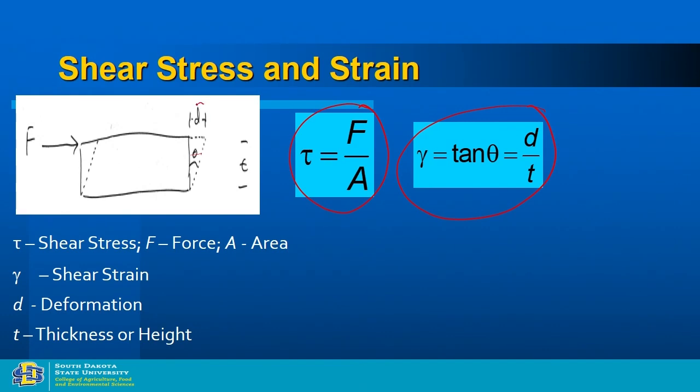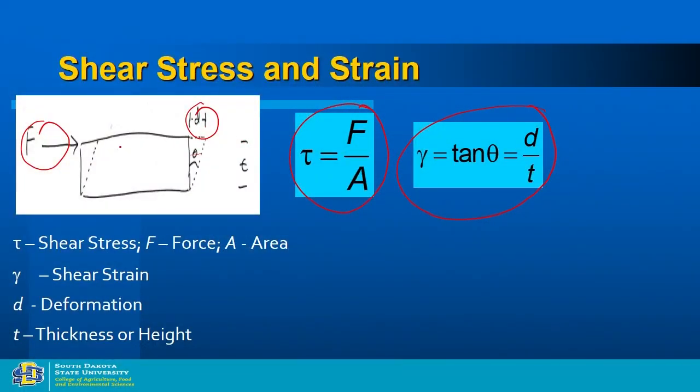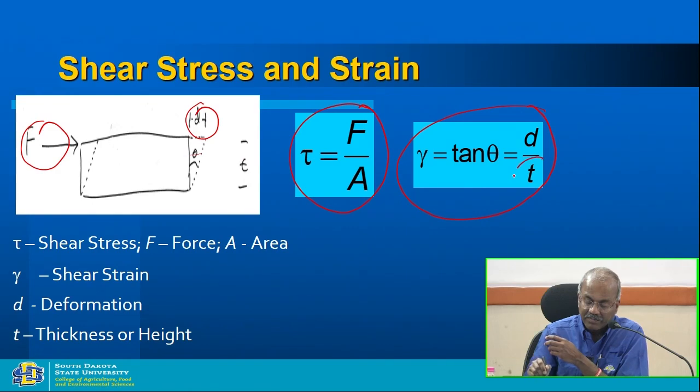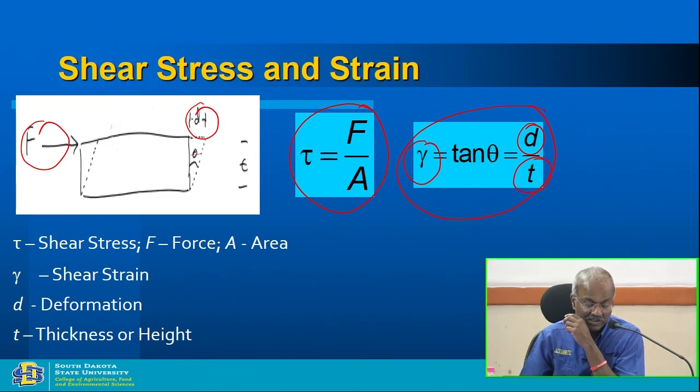So that's what the D is all about, deformation. And this is force. And force over area, whatever area the contact is, is the shear stress. And also how much deformation there is in terms of time gives the shear rate or shear strain.